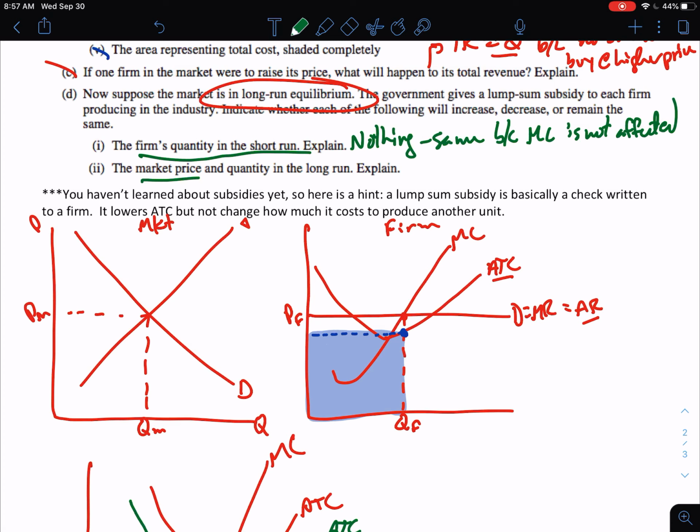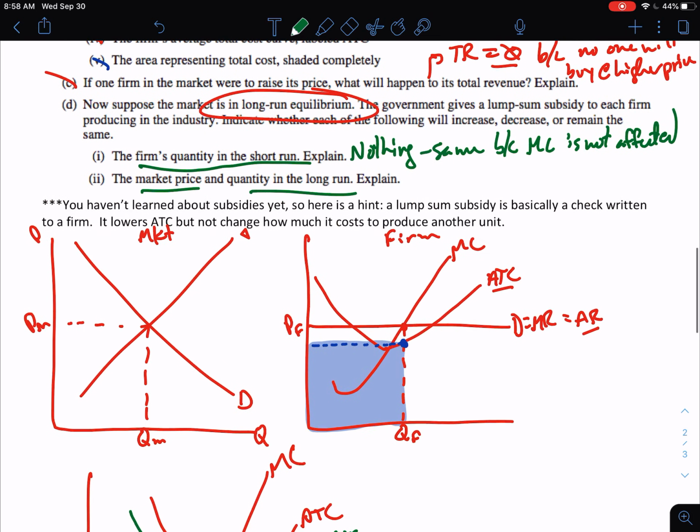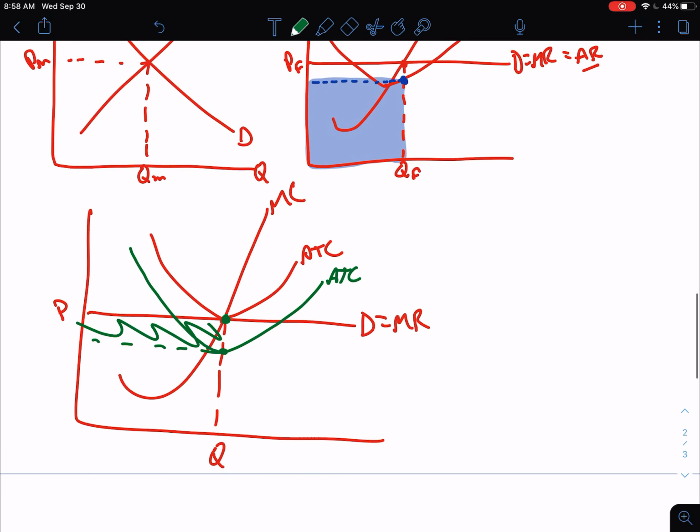Okay, the market price and quantity in the long run. Right now, basically what we have is profit. And whenever there is profit, firms will enter. When firms enter, the quantity will increase and the market price will decrease, because that's what happens from a supply perspective.